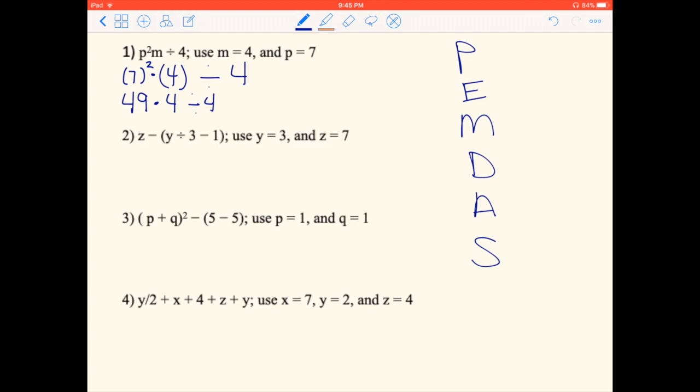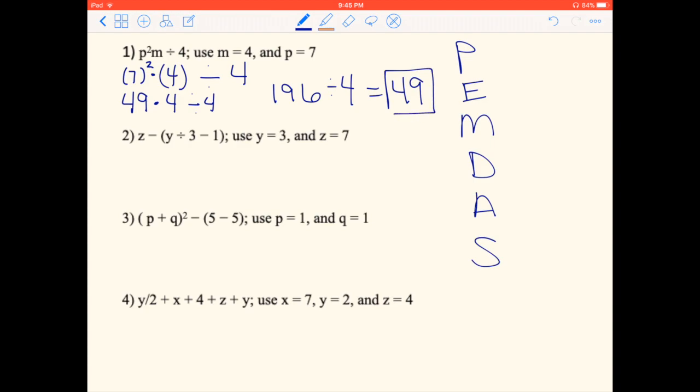So 49 times 4. This is one of those things where I don't expect you to do it in your head. So please go ahead and use a calculator, which will give you 196. Then we have divided by 4. So again, divided by 4 will give you 49.